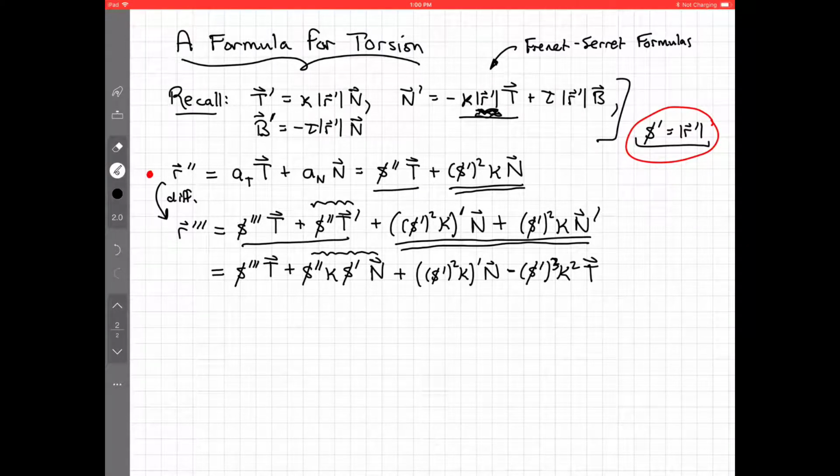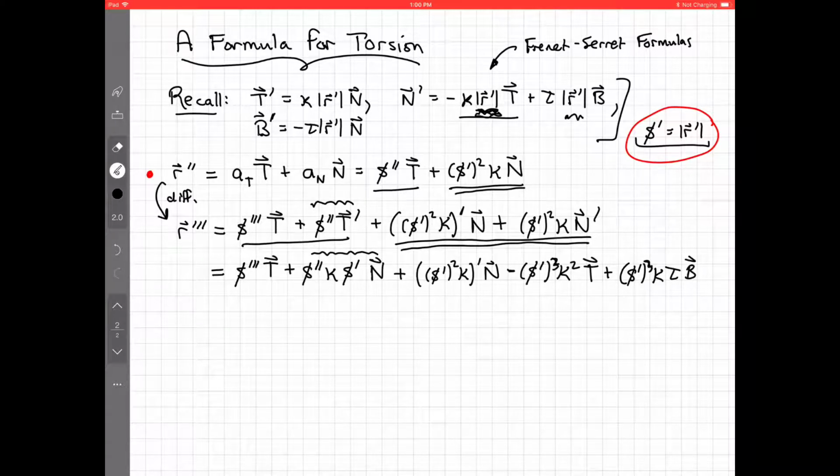And then for the next term, we'll have our s prime squared times kappa times torsion. And oh look, there's another copy of s prime. So again, we'll have it cubed there times b. Okay, so we just used the Frenet-Serret formulas to replace t prime and n prime.